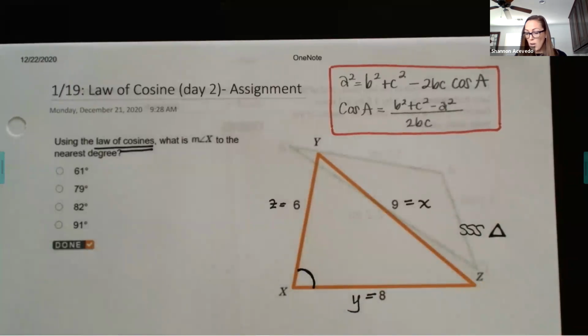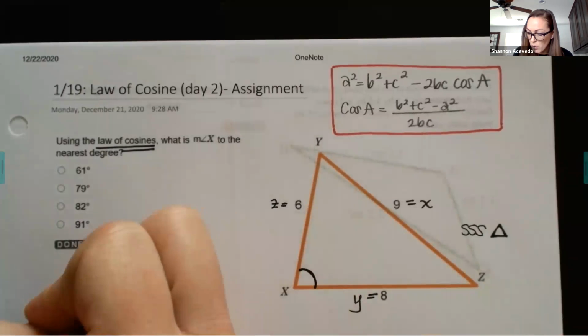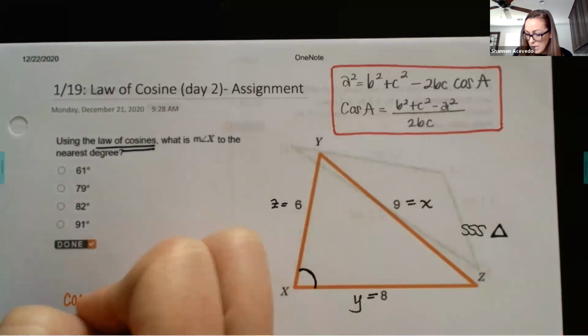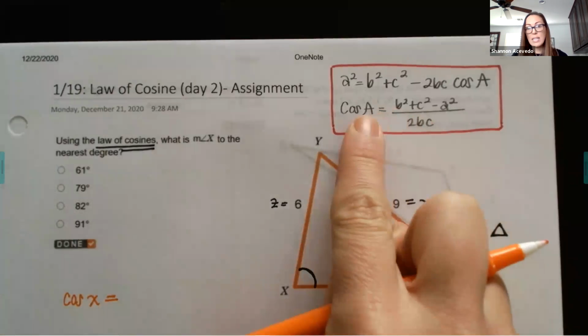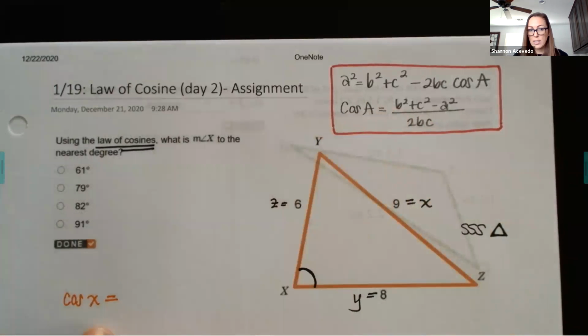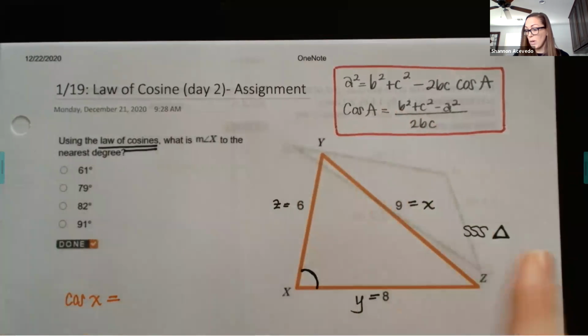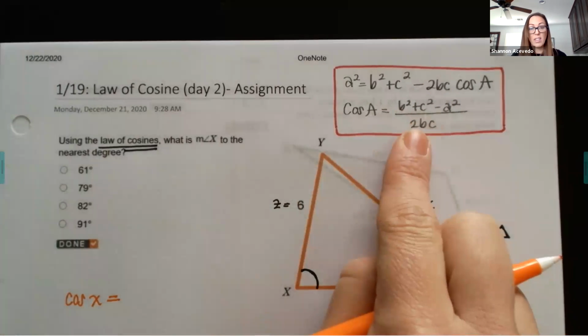So I want to solve for my angle X. I'm going to do cosine of X is equal to, and in the formula here it's an A. We need to be able to translate it using my X, Y, and Z to fit this idea.